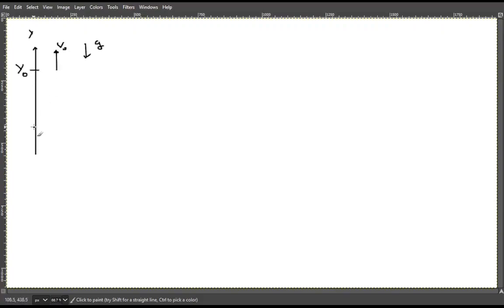And then later, it's going to be falling down here, and later it's going to come to some height y over here. And when we launch it right here, we're going to launch at initial time t0 equal to 0. That is, we're holding a stopwatch, and when we fire the ball or drop it or throw it up or down, right at the time we do that, we start the clock.